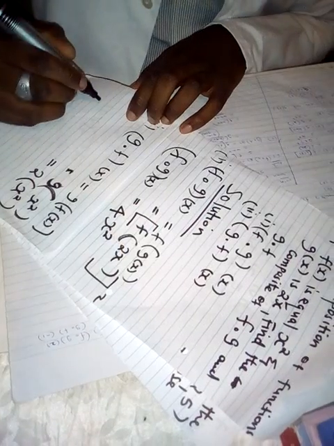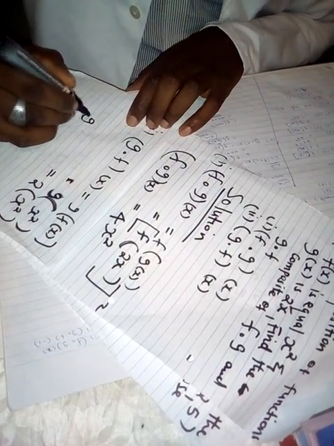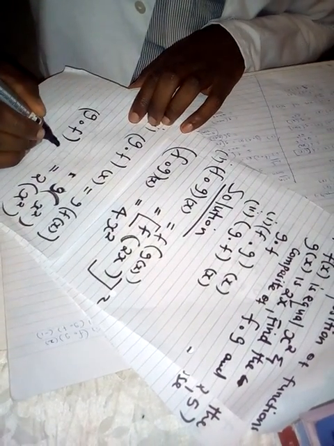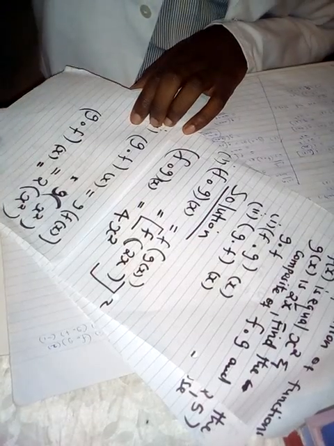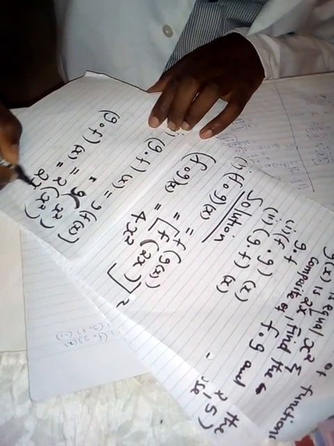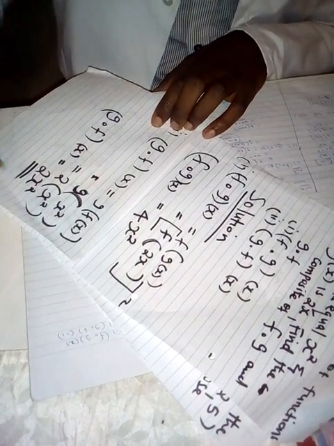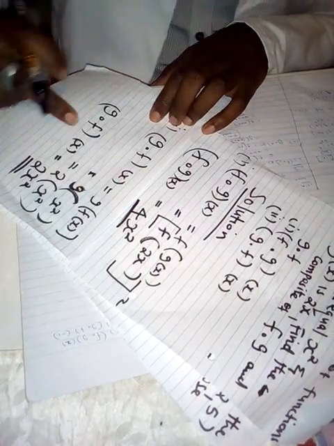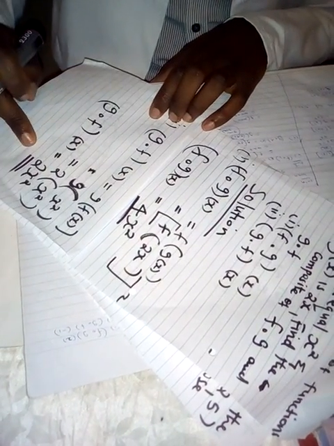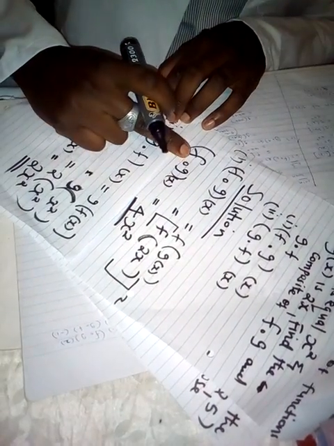So to finish, your sum g of f of x is equal to 2x squared, and that's your answer. That is the composition of g to f. This is the composition of f to g.